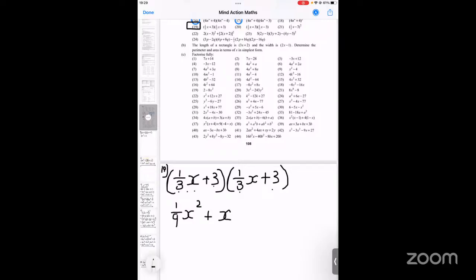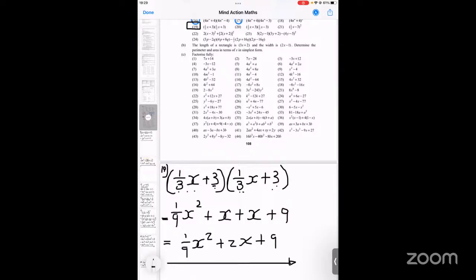Then when you say 3 times 1 over 3, it will definitely give you 1x. So that means we plus it by 1x. When you say 3 times 3, it will definitely give you 9. So we end up having 1 over 9 x squared, plus 2x, plus 9, and that is the end of it.